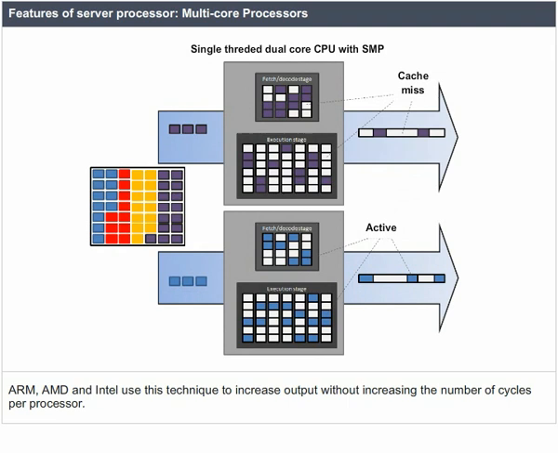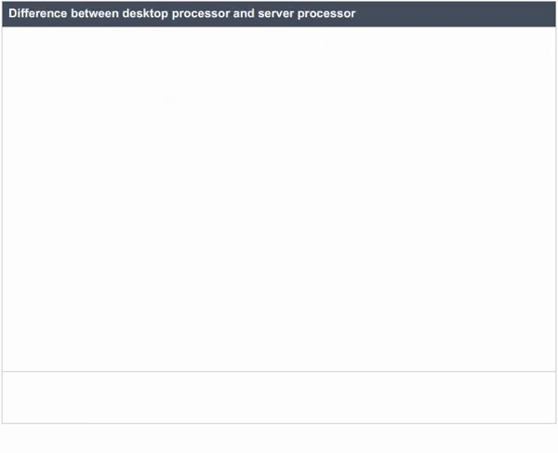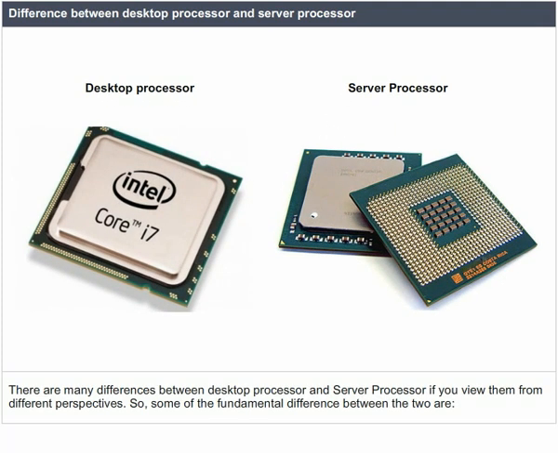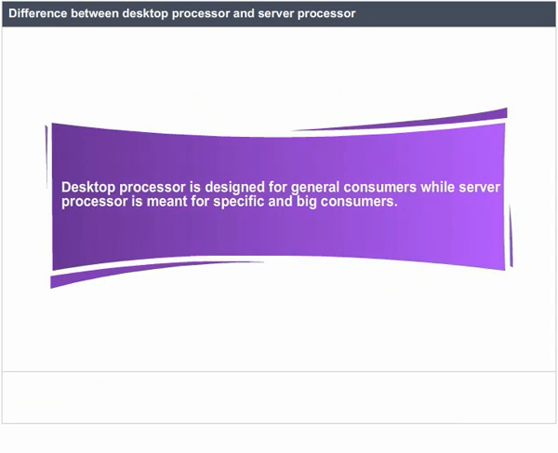Difference between desktop processor and server processor. There are many differences between desktop processor and server processor if you view them from different perspectives. Some of the fundamental differences between the two are: desktop processor is designed for general consumers, while server processor is meant for specific and big consumers.